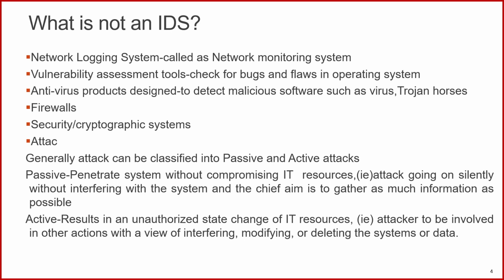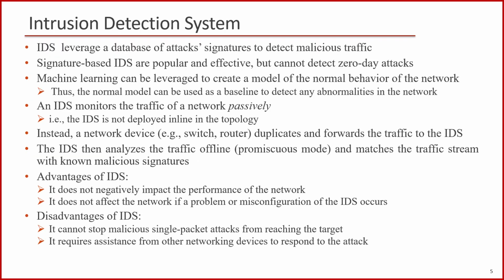We cannot identify that an intruder has attacked, detected, or changed anything in the system. But with active attacks, we can directly conclude that something has occurred, that is, attackers may be involved in actions like viewing, modifying, or deleting the files in the system.